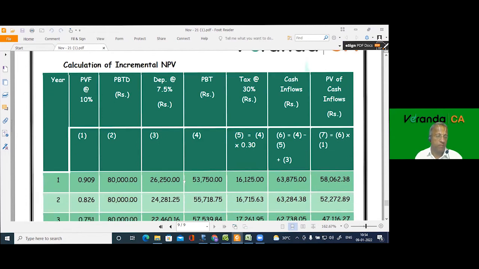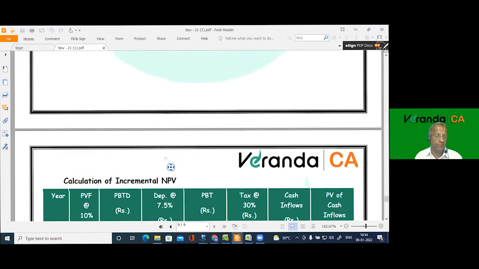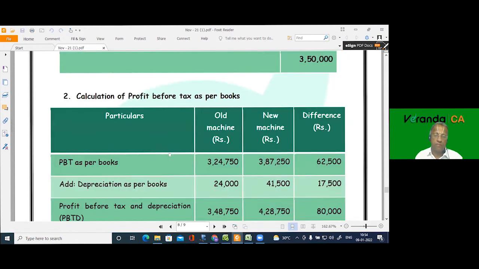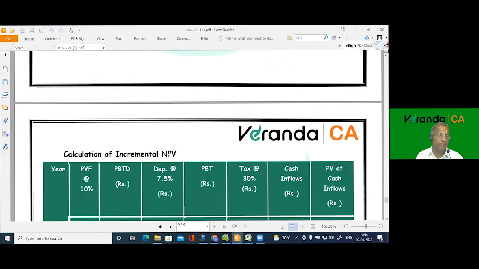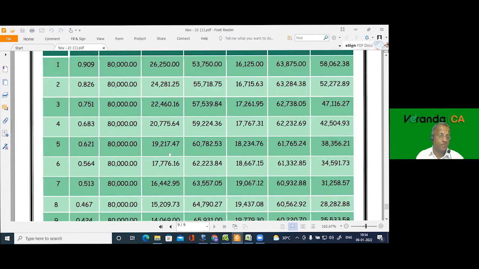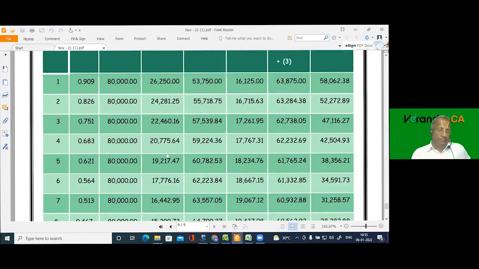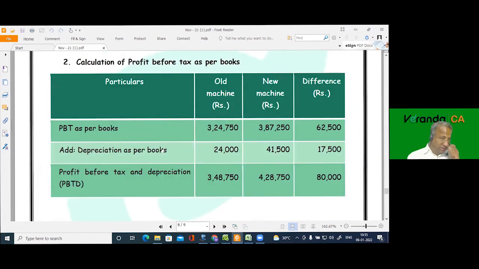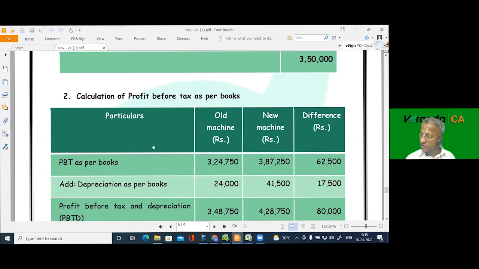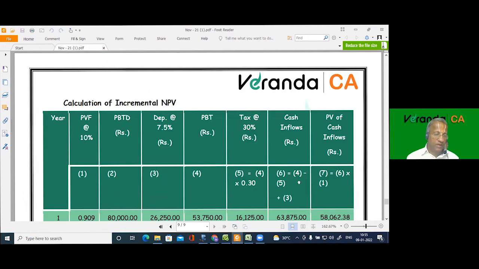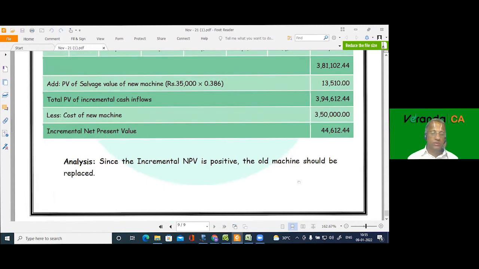Depreciation we are working on. Let me check once again. 2,40,000. Let me find out how they have fixed the cost of the new machine as 3,50,000.